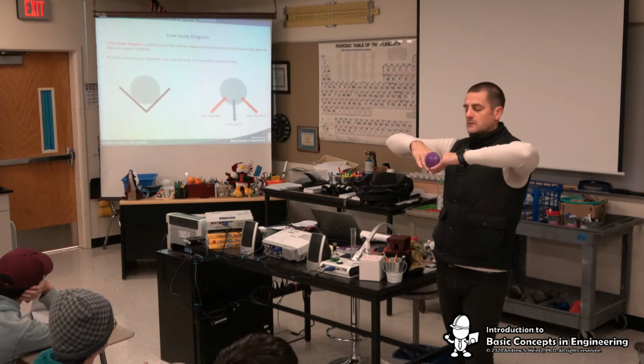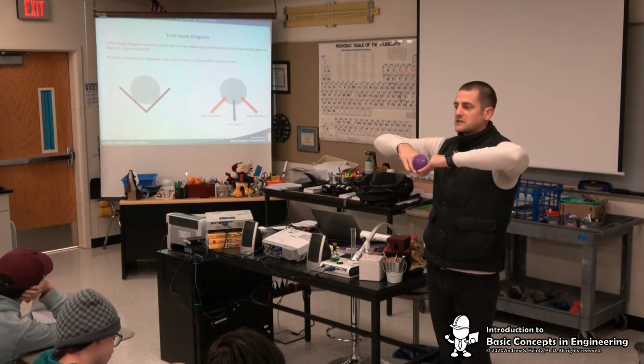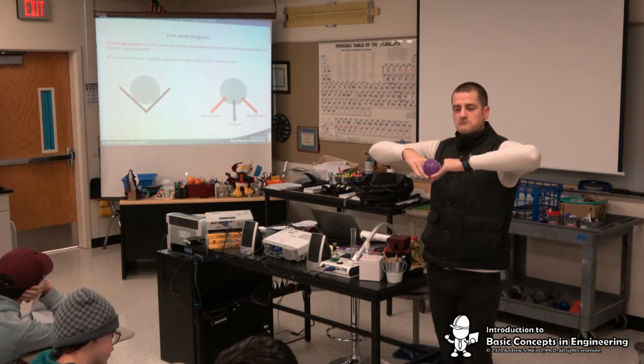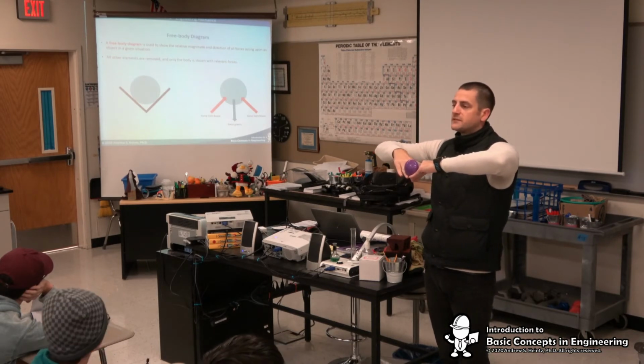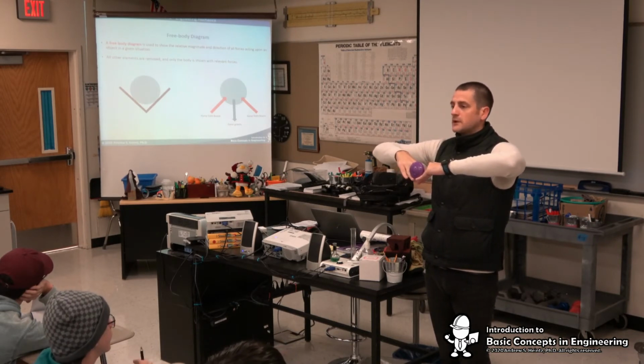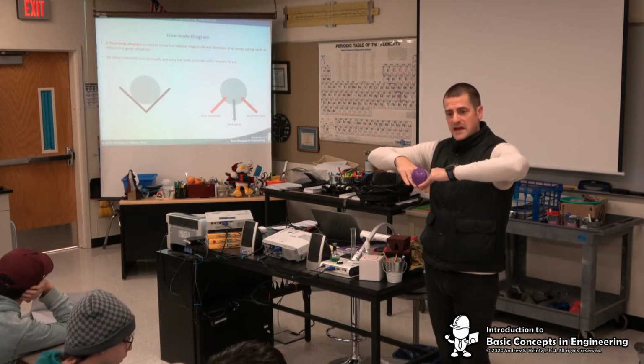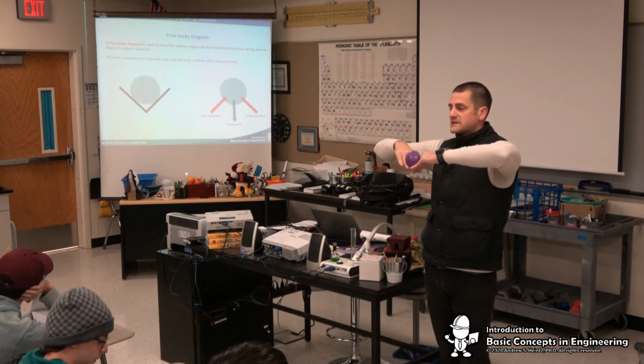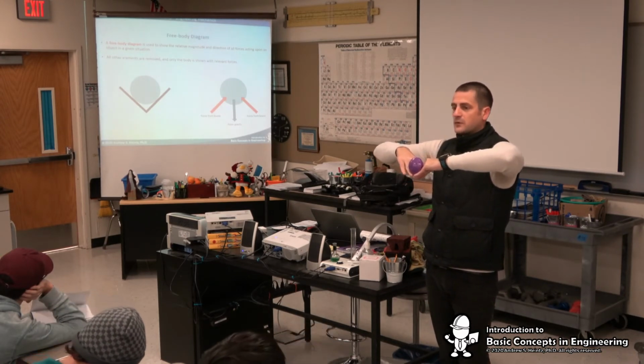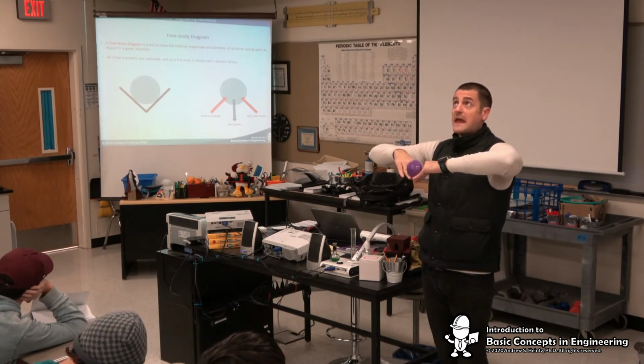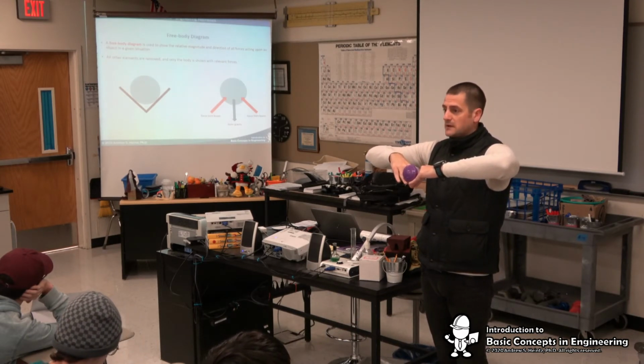So what are the forces? I mean, it's already drawn up there. But let's think about the forces that are actually acting on this ball, for lack of a better term. What's the first and foremost one? Gravity, right? So we know gravity is pulling it down, but if this thing's not moving, every force has an equal and opposite force that's applied, right?